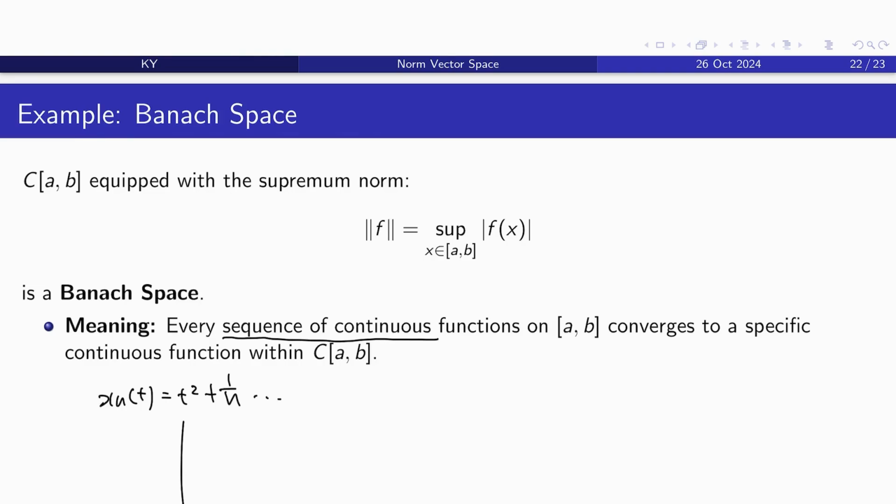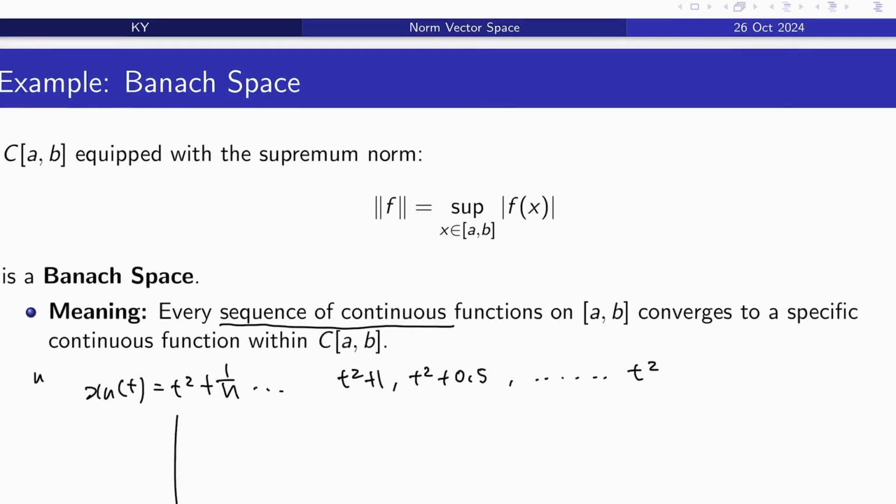If you plug in the values, you will get t squared plus 1, t squared plus 0.5, and then eventually t squared as n grows.